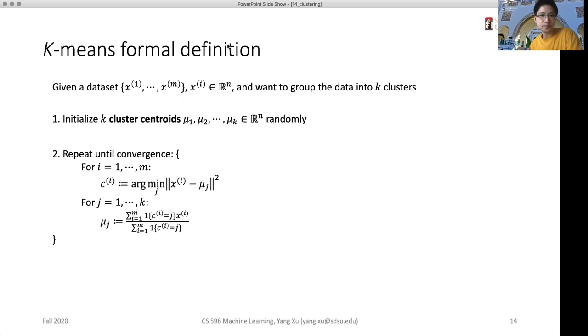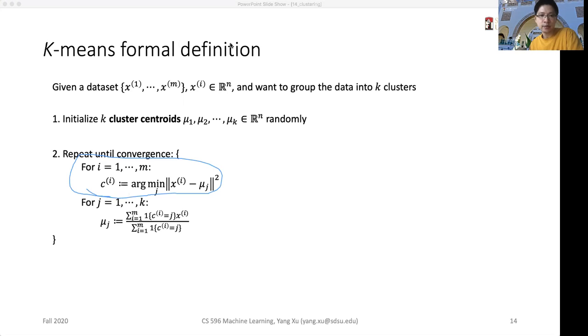And first, for all the data points, we will assign each to a cluster by finding the centroid that is closest.